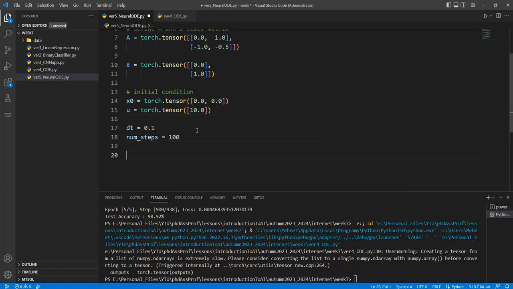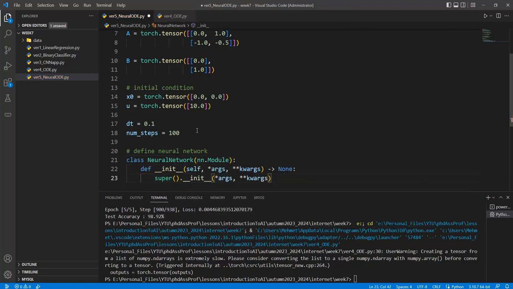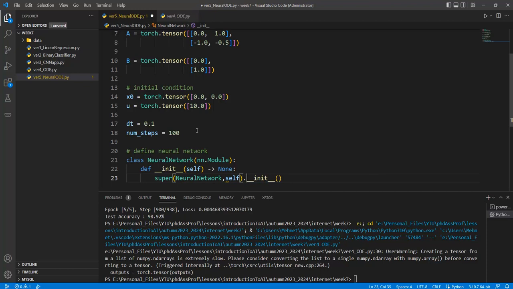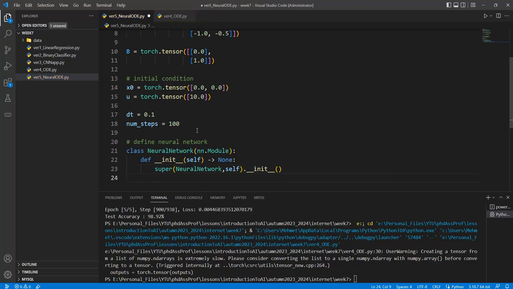And after that we can build the neural network. Define the neural network, so class NeuralNetwork like this one, and then the module is given in the def __init__ function body, okay? So what's the super? Super is the neural network, and self must be given in here for each instance.